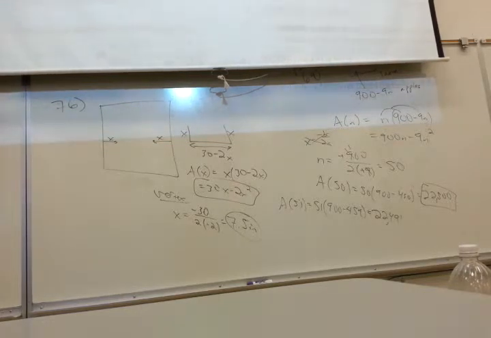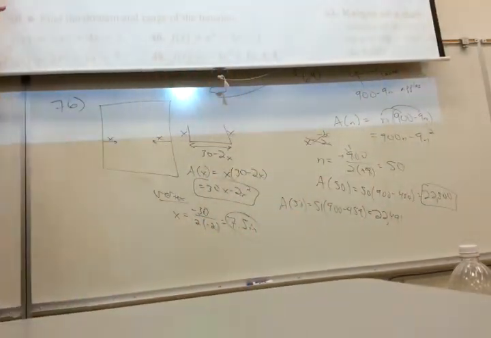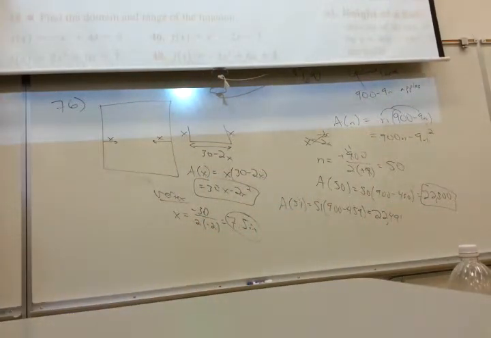Oh, wait, that's right. That's what you were asking earlier. All right, guys, so I've got question number 44. Find a function whose graph is a parabola with a given vertex, and then passes through a given point.